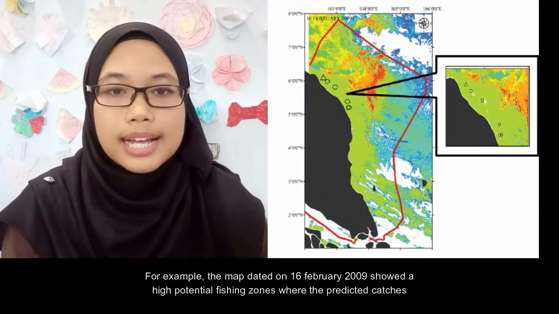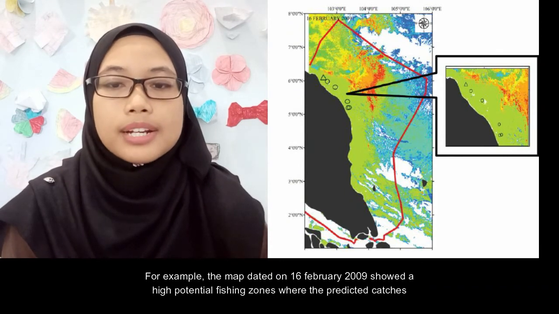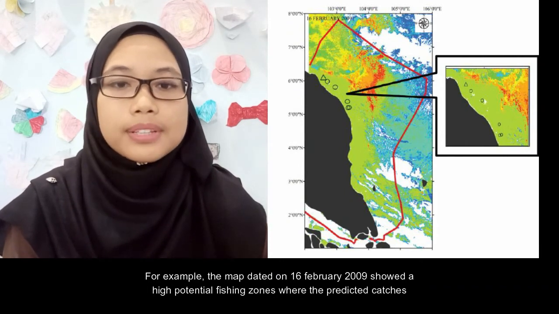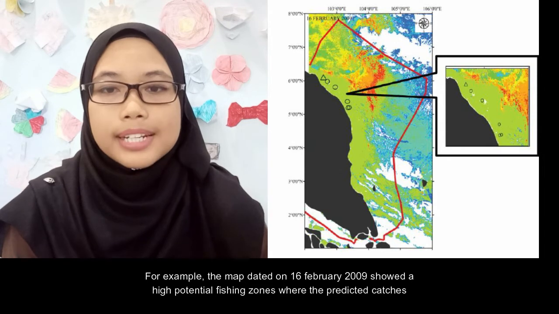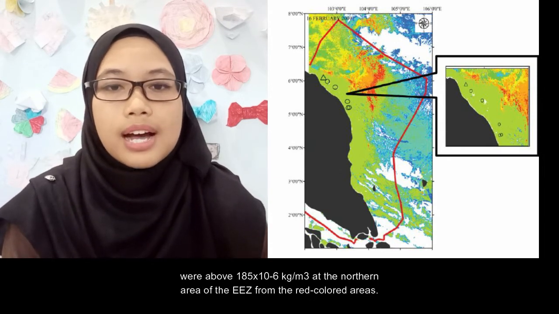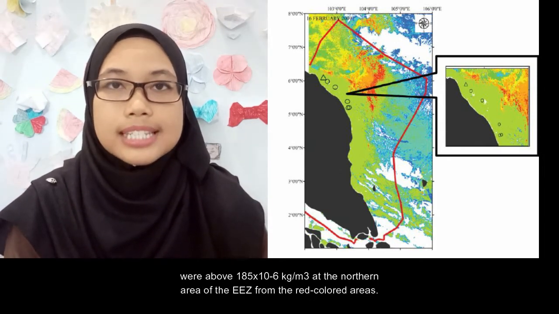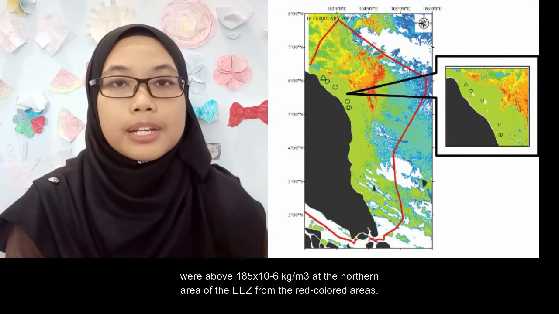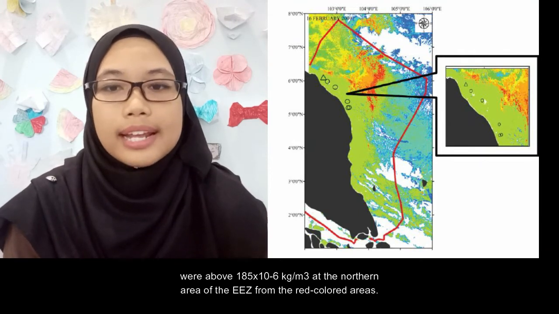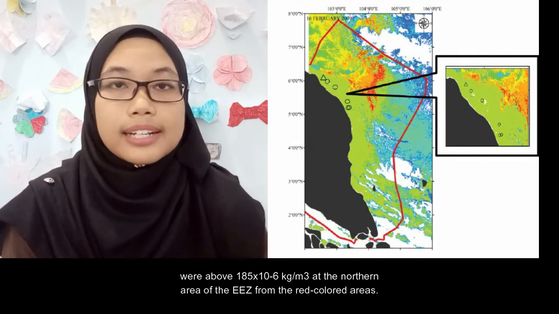For example, the map dated 16 February 2009 showed a high potential fishing zone where the predicted catches were above 185 times 10 to the power of negative 6 kg per cubic meter at the northern area of the EEZ, from the red colored areas.